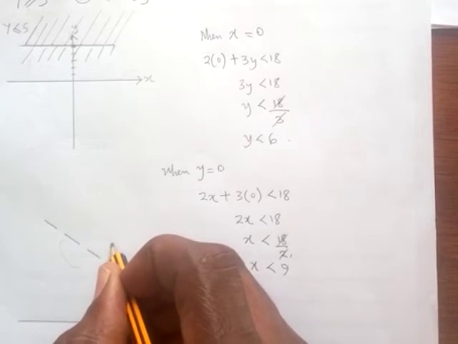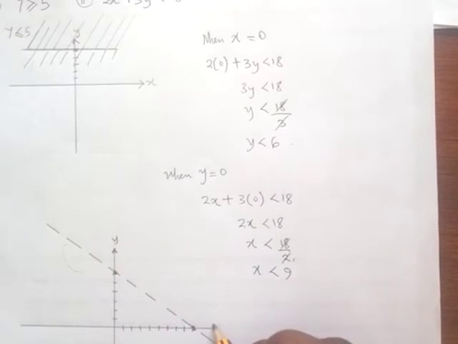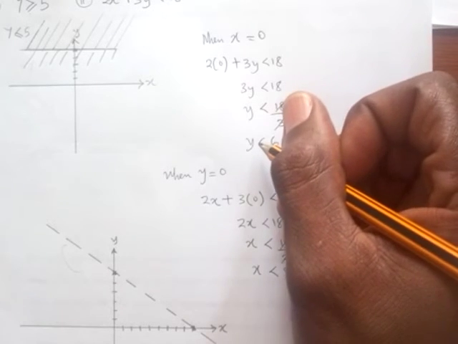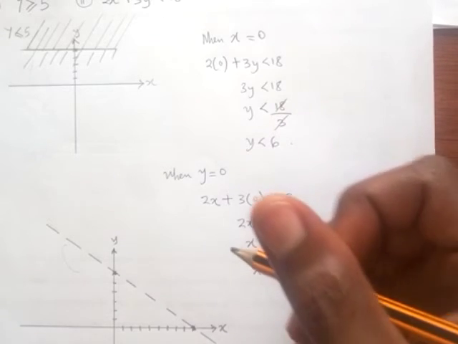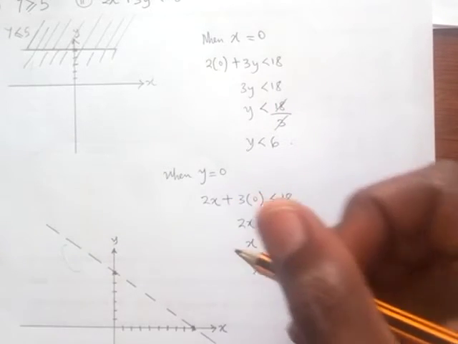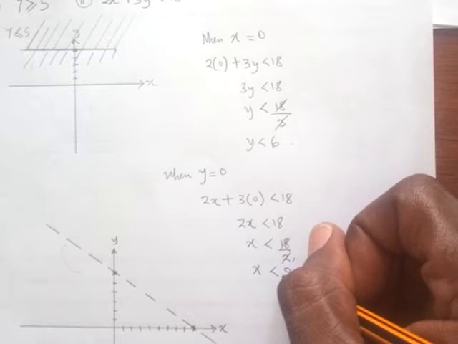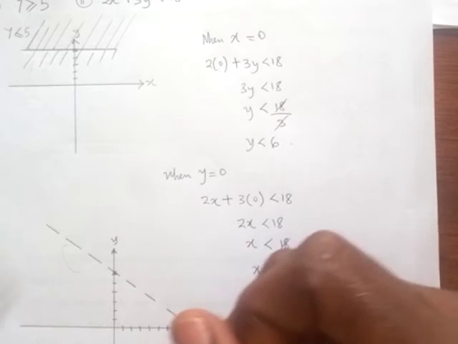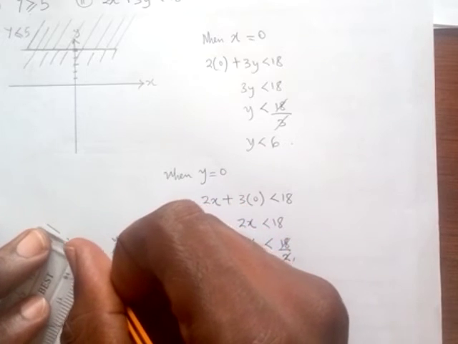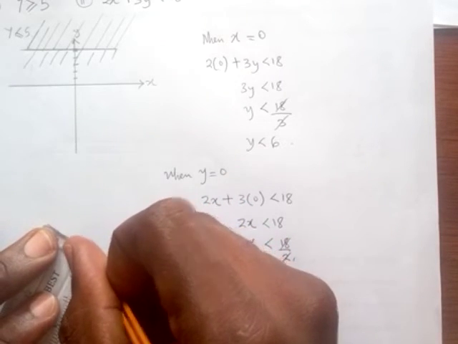Now, what portion of this graph do we shade? y is less than 6, which is below this point. x is less than 9, which is inside here. So we're going to shade below this line.